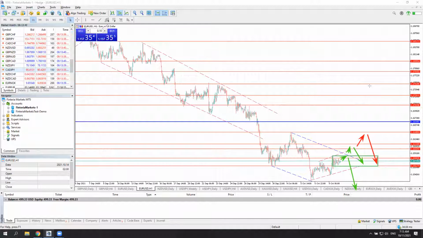So far, I recommend only short positions from different levels, and just analyze the markets, look at other currency pairs in case you see stronger dollar momentum. I think that would also be a good moment to understand that euro dollar also has potential to move much lower. So that's it for today.